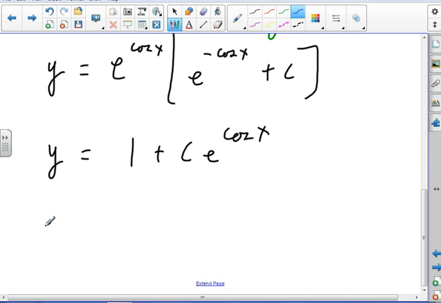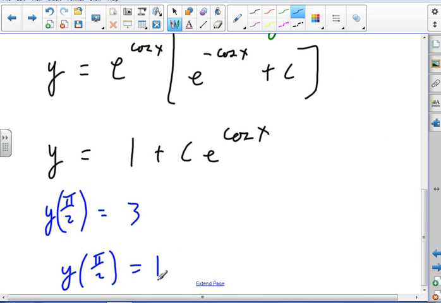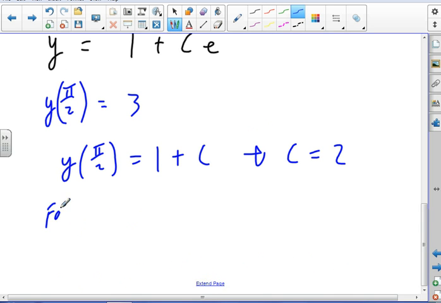Applying the initial condition, y at pi over 2 is equal to 3. Okay, so y at pi over 2 is equal to 1 plus c. Pi over 2 is 90 degrees, cosine of 90 degrees is 0, e to the 0 is 1, implying c is equal to 2. So final answer, y is equal to 1 plus 2 e to the cosine x.